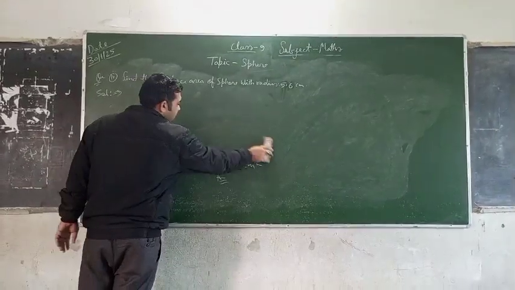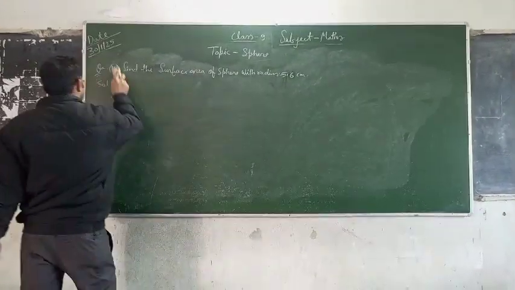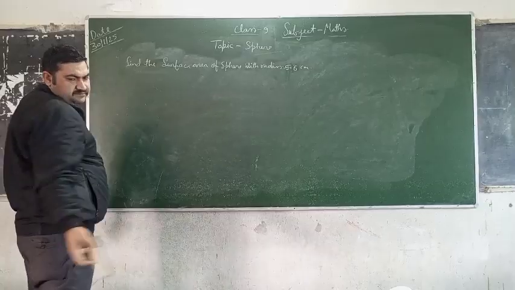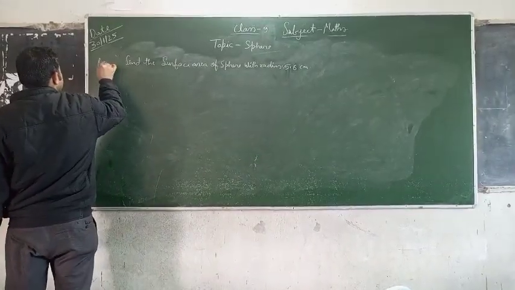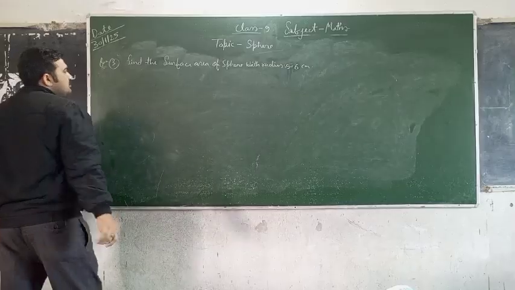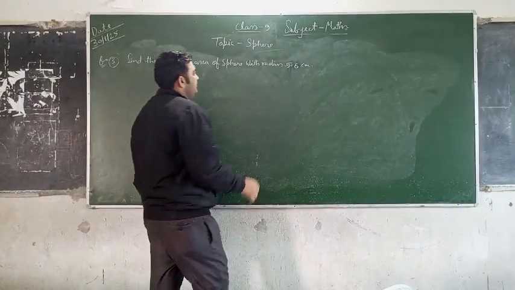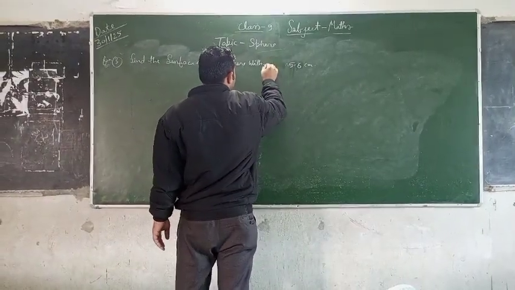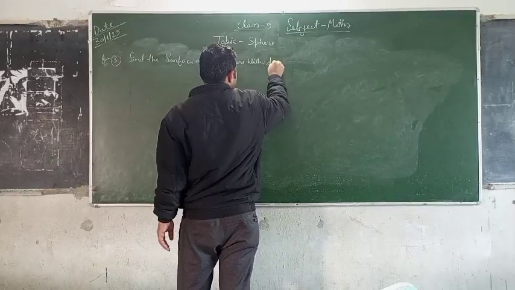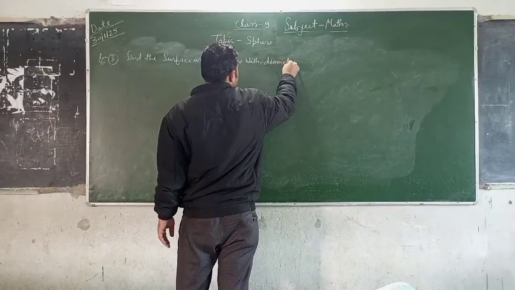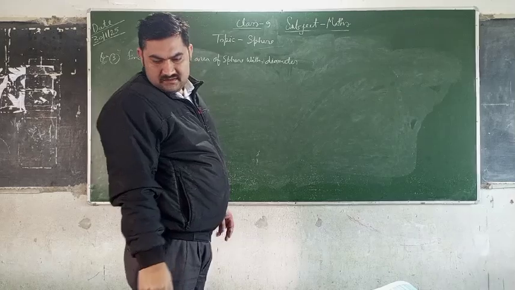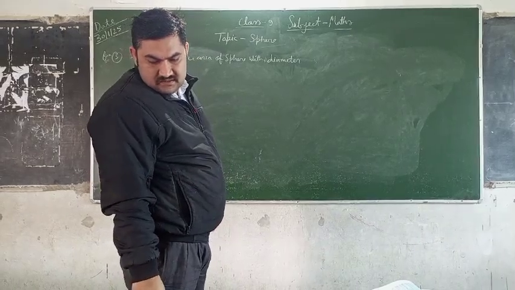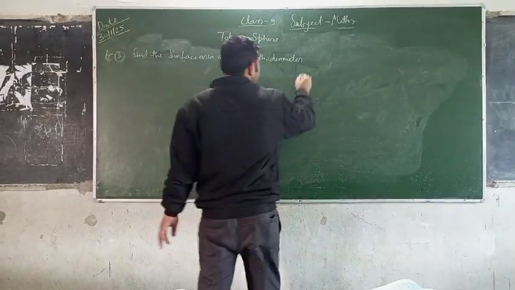Now the third question, question number 3. Find the surface area of a sphere with diameter is 14 centimeters.